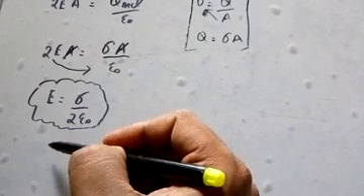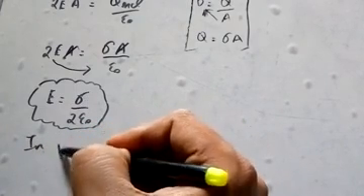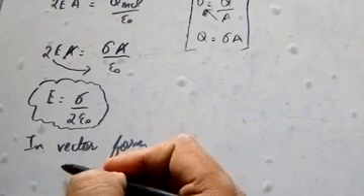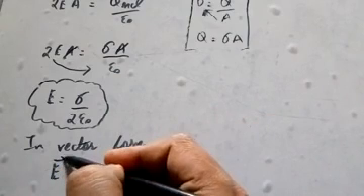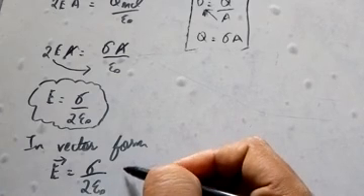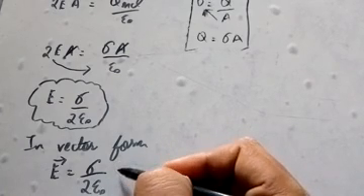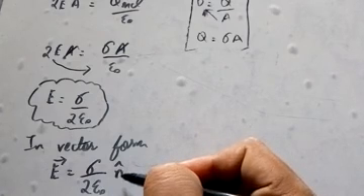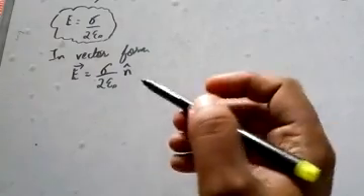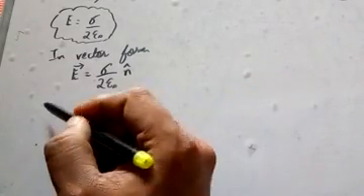Now if you see in vector form, we have the electric field E vector is equal to sigma by 2 epsilon naught into n cap. n cap will show us the direction. Now some things you must know from this.